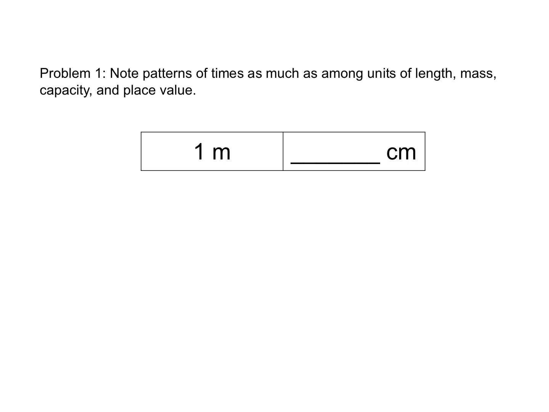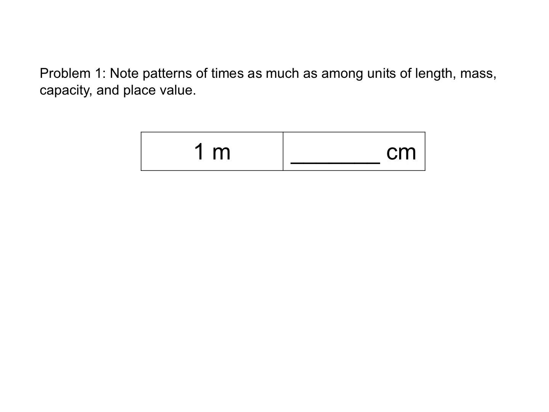So I want you to think about patterns among units of length, mass, capacity, and place value. So we're going to be looking at this, using again that this is a tool where we can add different things. So I want you to right now be thinking about all of the units that we have learned for measuring length, mass, capacity, and place value as well.